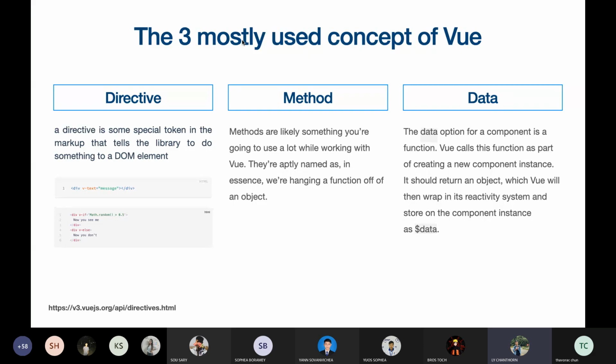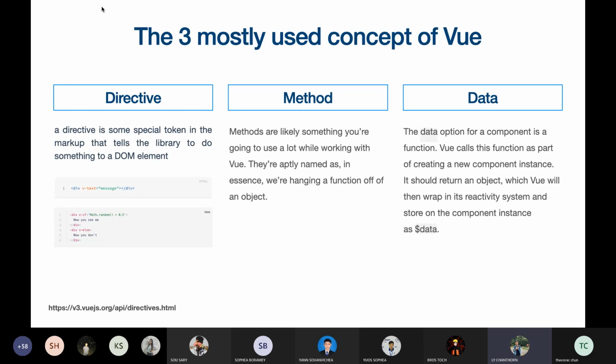In a Vue component or your application, you have many things to work with, but there are 3 important concepts in here. One is about directive, another one is about method, and the last one is about data. So directive is kind of a special token, or maybe you call it a markup.